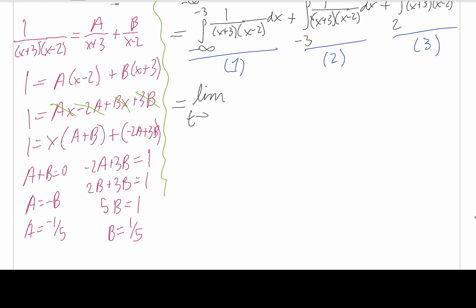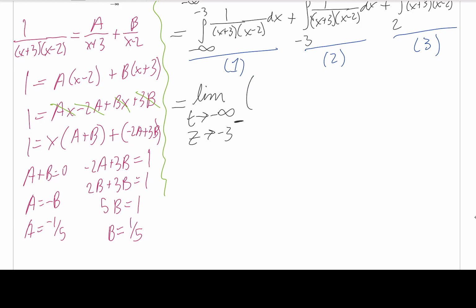I'll have t going to negative infinity, and z going to negative 3 from the left-hand side. Right? Because we're coming from negative infinity to 3, so I'm coming from like negative 10, negative 7, negative 5, negative 4. We're approaching it from the left-hand side.